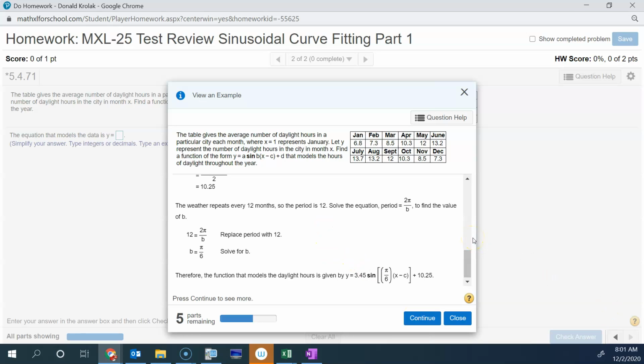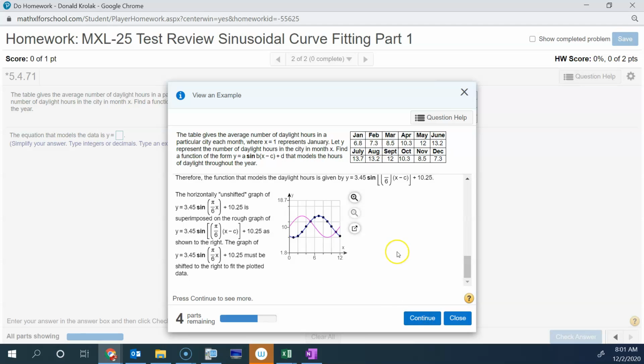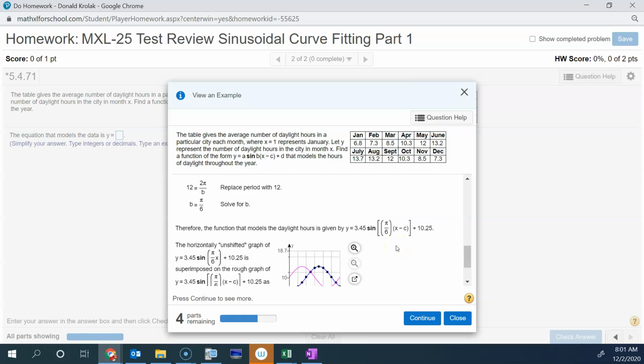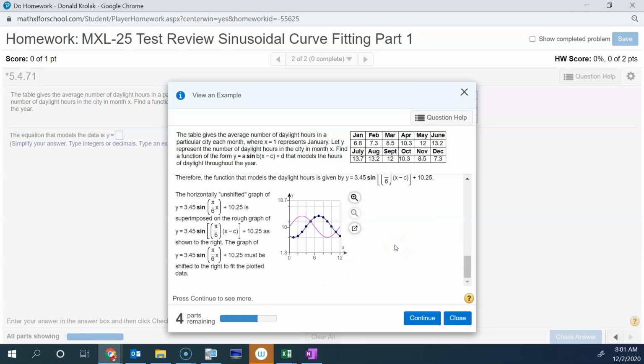All right, now here's our function that models the daylight hours for the year. So far, except it doesn't have C in it. Now if we go to the next part, the horizontal unshifted graph, this would be our normal graph in red and pink here.